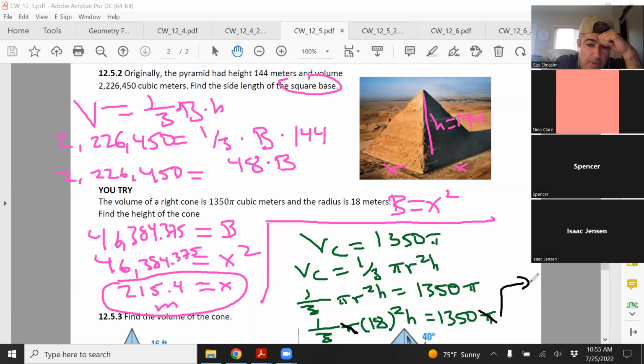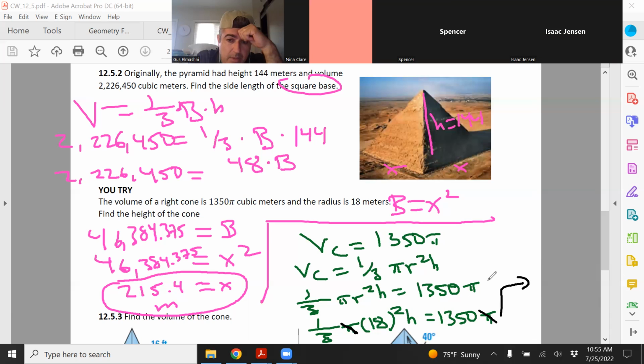If you solve for h correctly, I think you would have, let me think here, 108h, solve for h. Yeah, I should get 12.5. 12.5 meters.